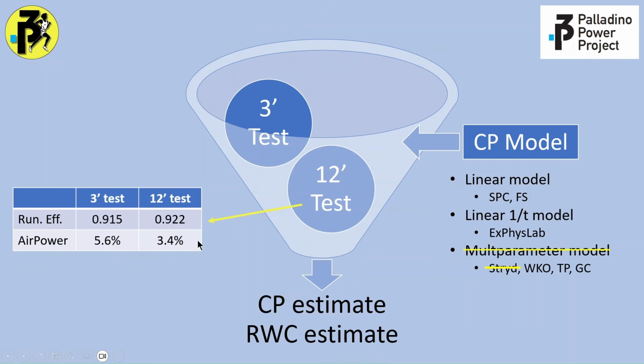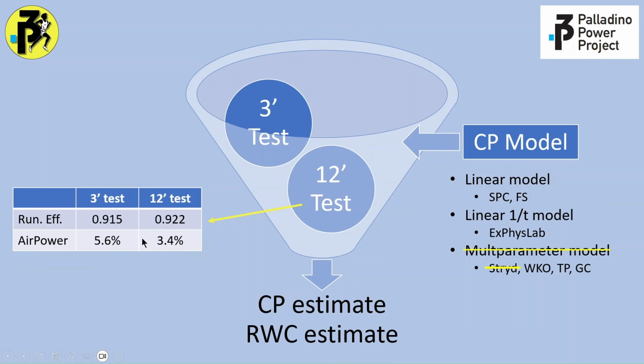When you do these things, typically, because you're running faster and there's more air resistance, air power is usually a little bit higher, like about 1% higher in the 3-minute test than the 12-minute test. It's never or should never be lower.